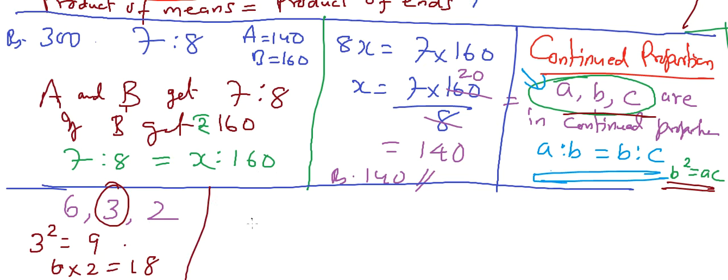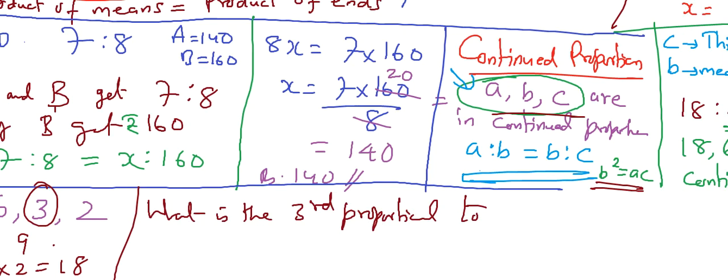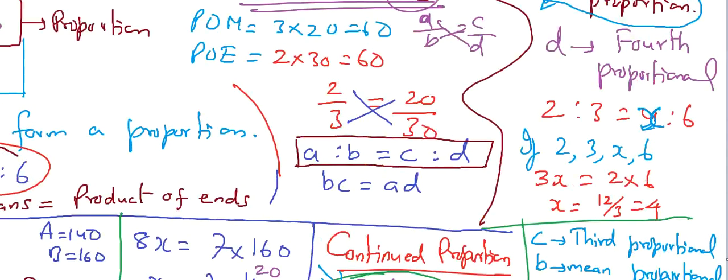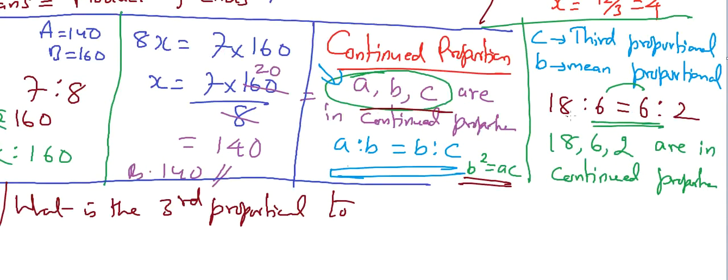Similarly, let's say, what is the third proportional to 18 and 6?